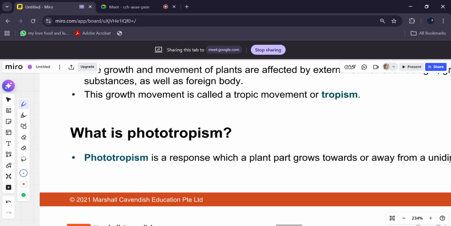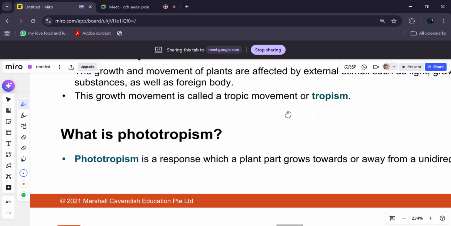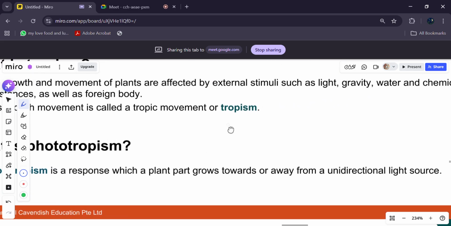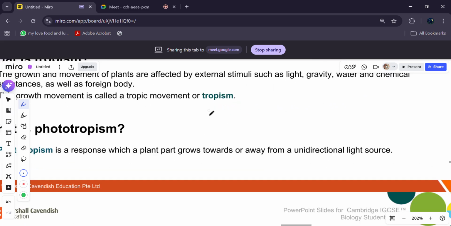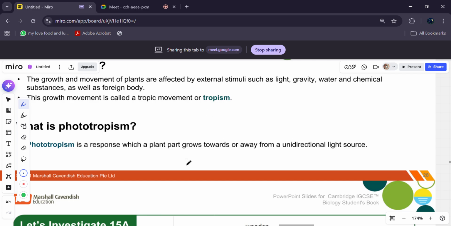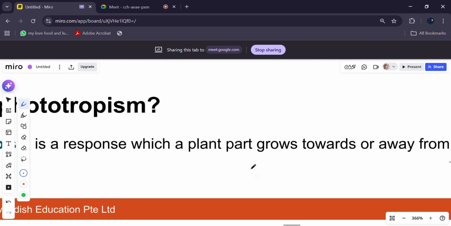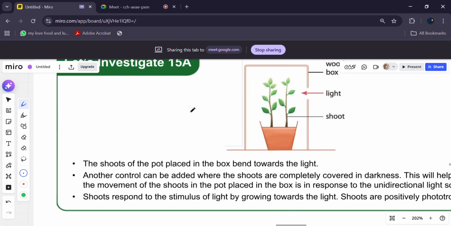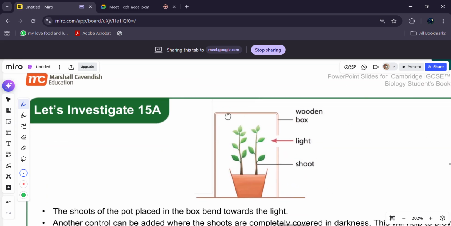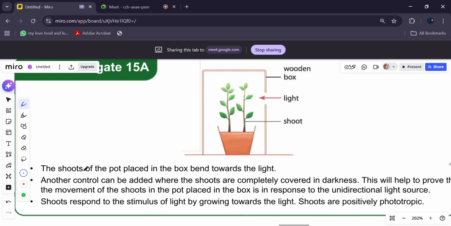Well, phototropism is a response in which a plant part grows towards or away from a unidirectional light source. The direction of the growth movement depends on the direction from which the light comes. So this is a type of experiment. They have shoots in a pot placed in a box that bend towards the light.